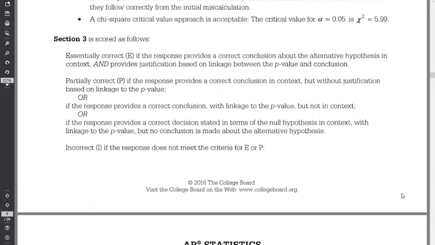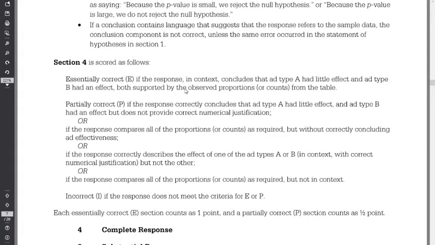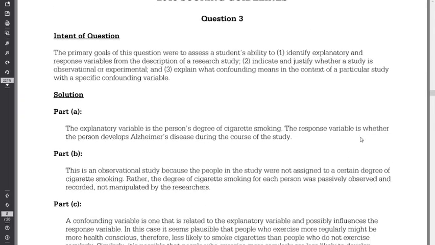Then this is your step 4 sentence written correctly. And ad type A had little effect and ad type B had an effect, both supported by observed proportions or counts from the table. So that was the part that a lot of people missed. All right, number 3.